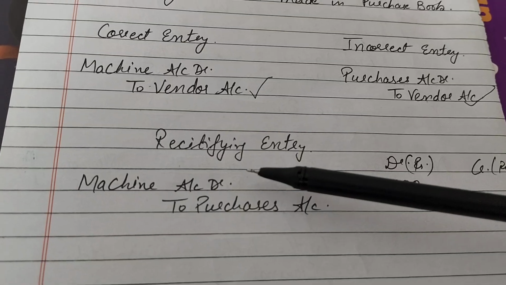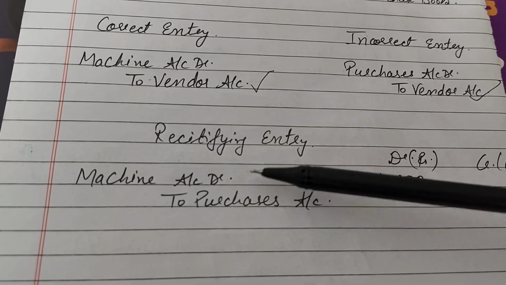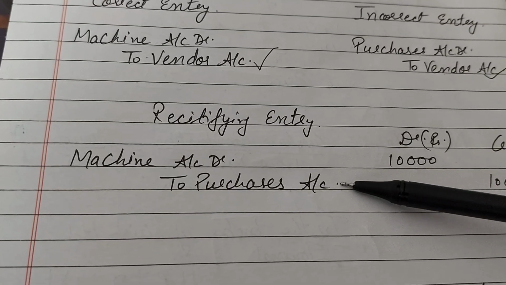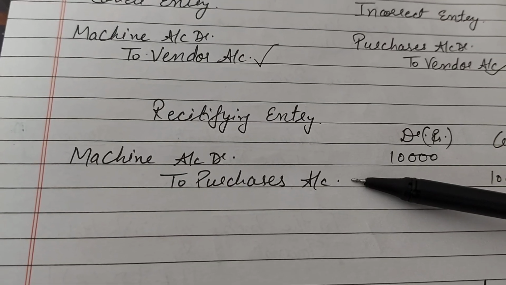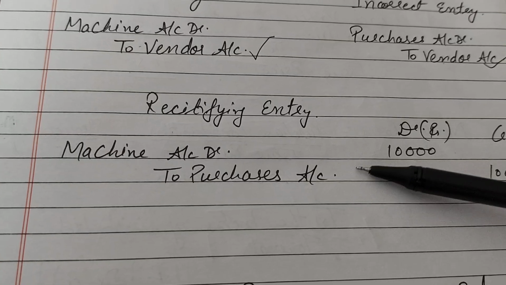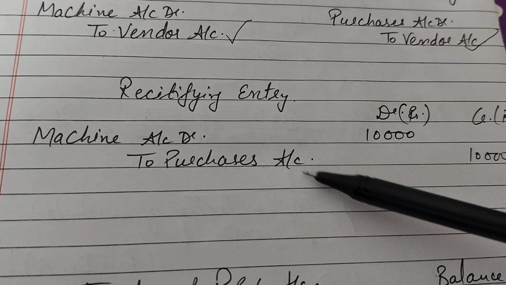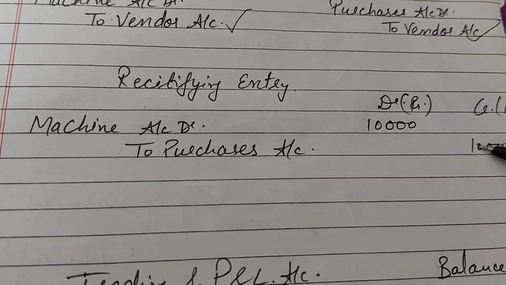So here machine should be added with rupees 10,000, and purchases normally have debit balance, but here purchases have been credited. So that means from the purchase account we need to deduct rupees 10,000.